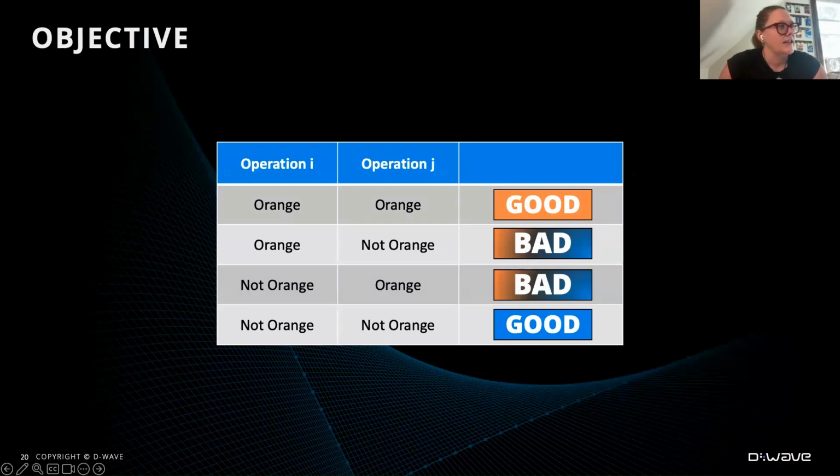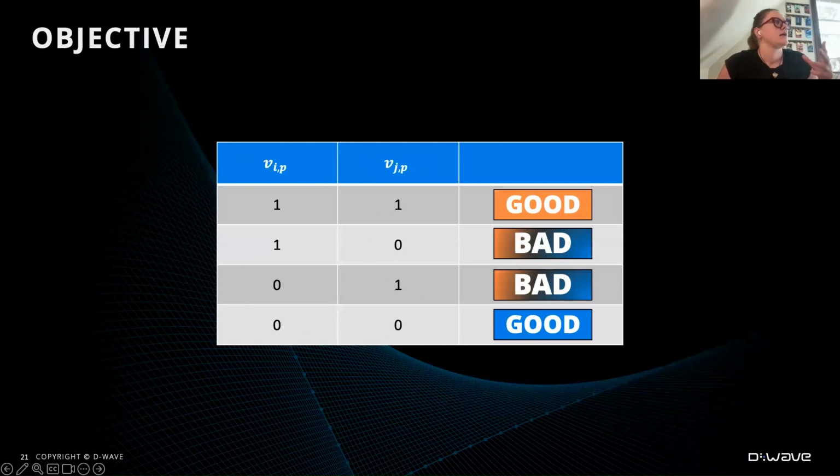Let's now take this logical expression and translate it into the variables that we've assigned, substituting our variable values, which correspond to what task is on which computer. With our variable values here, we can see that if the variable values match, that's going to be good, looking at one specific computer, the same computer P. But if they don't match, that's going to be bad for our objective function.